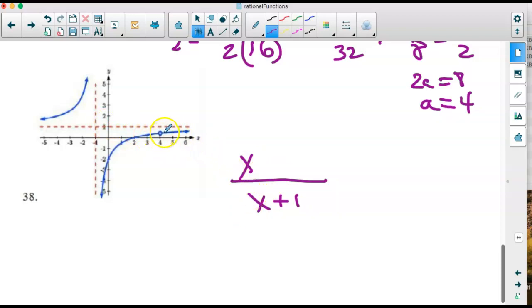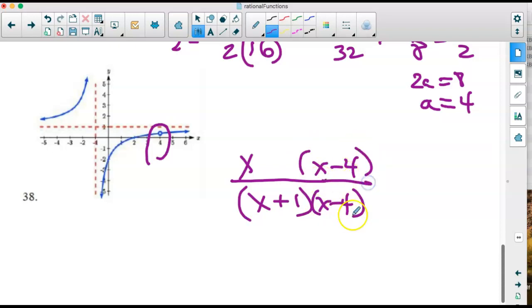But we also know that there's a hole at x at 4. So that means that there should have been a factor of x minus 4 on the top and the bottom, because it factored out and gave us this hole.